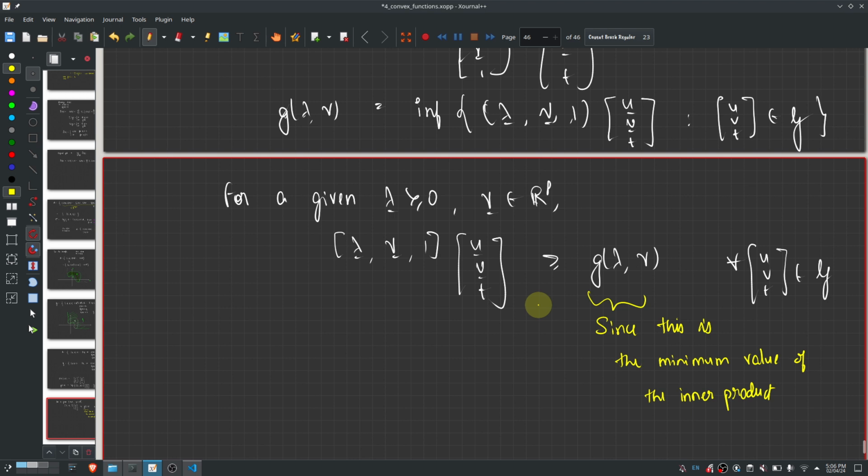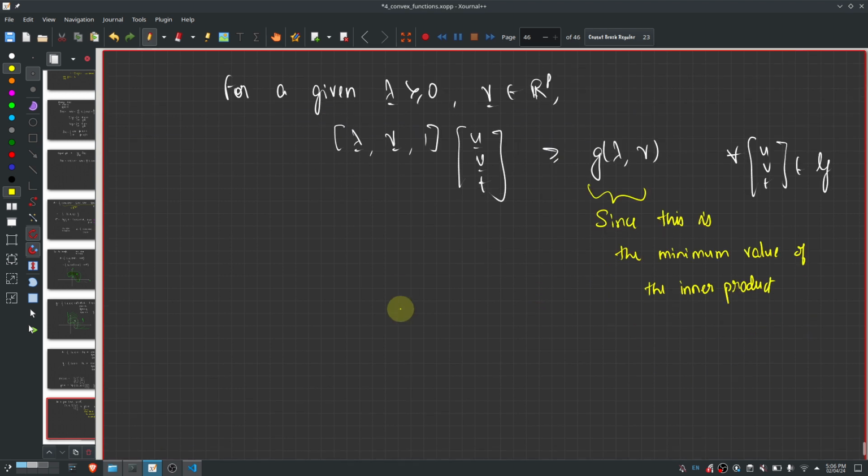right? So the set of all vectors, let me call it psi, such that (lambda, nu, 1) inner product with psi is greater than or equal to g of lambda comma nu.